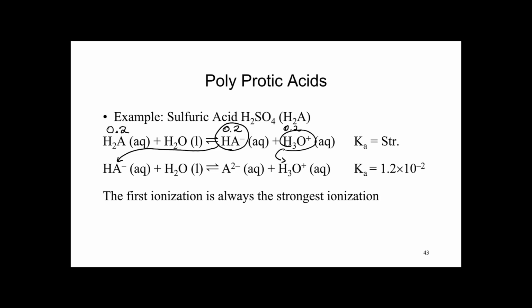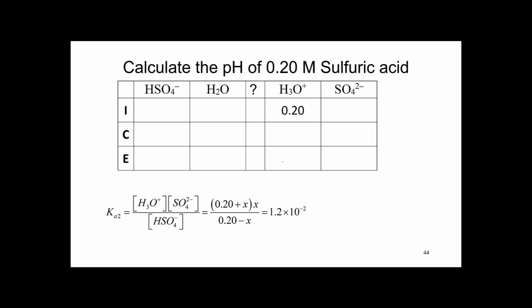So what I did is I set up the ice table, and what we're going to do is assume that the first ionization is strong, and now we pick it up at the second ionization ice table. So we have H2SO4, sulfuric acid, 0.2 molar.